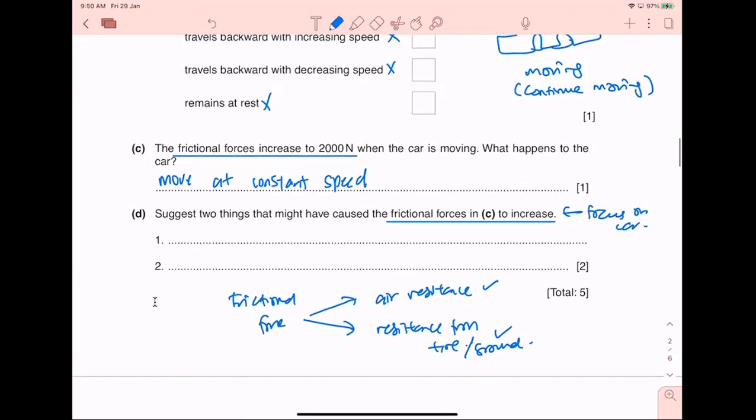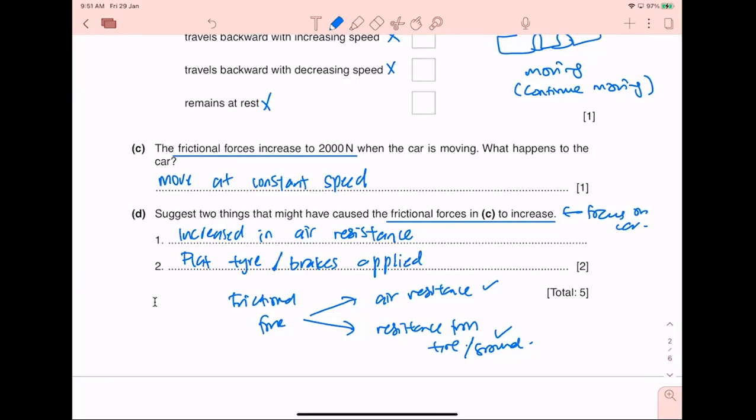Okay, so they ask you what is happening. You can say increase in air resistance. It doesn't matter about the speed, because if you want the air resistance to increase, the car must move faster. We are just focusing on the air resistance. And you can also say flat tire, or brakes applied, or any other example.